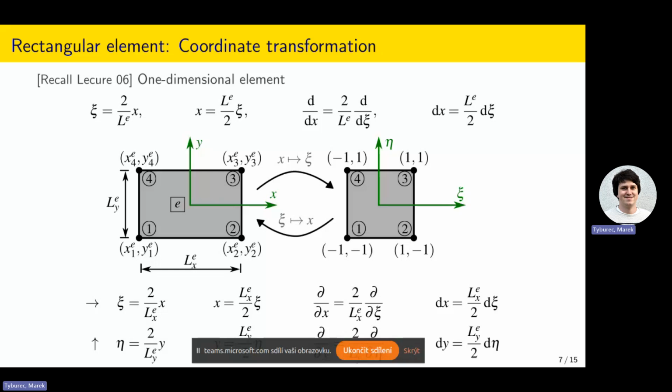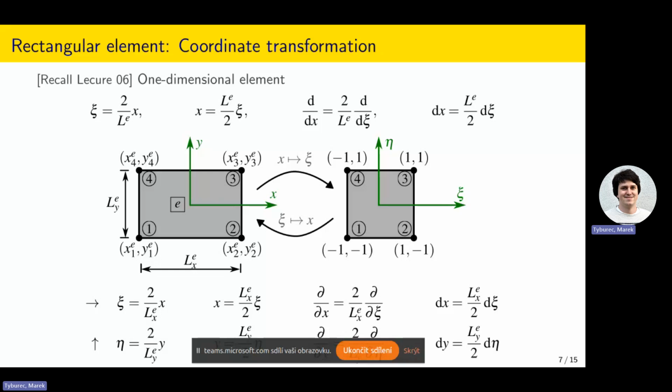Because essentially what we will be doing, I'll try to plot it. So if we say that this is the x direction and this is the y direction, let's say that we use this basis function for the x direction, and it will be a function like this. So this will be the first one, and the second one will be like this. And then we can do a product with another pair.